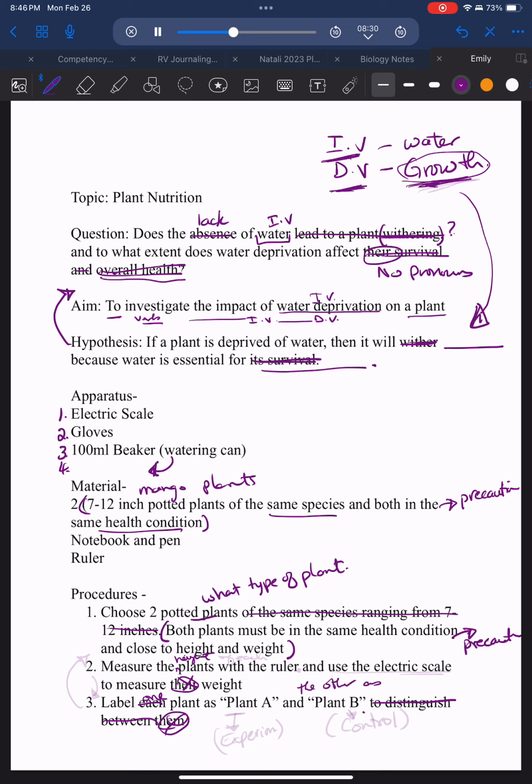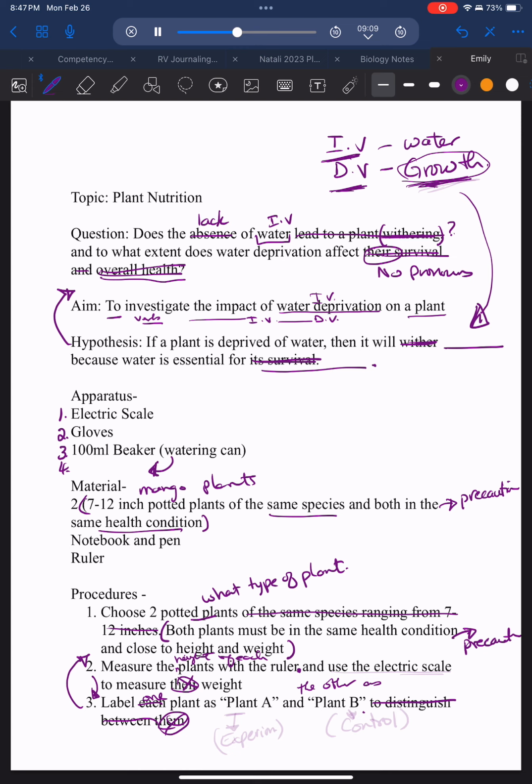No need for that. This could go before 2, then you move number 2 to number 3. Switch them around. Then you can measure the height of each plant with a ruler. With a ruler. Full stop. Full stop.